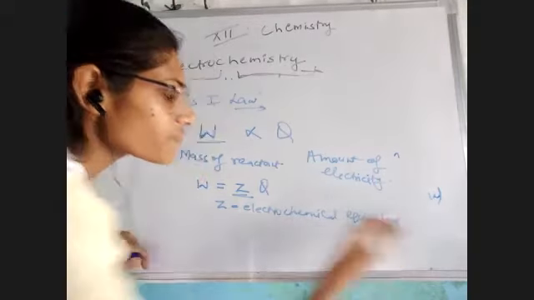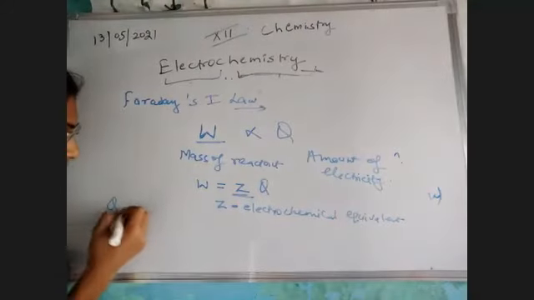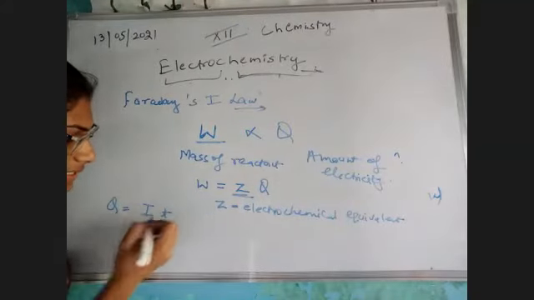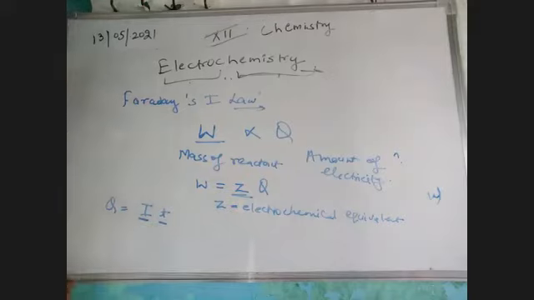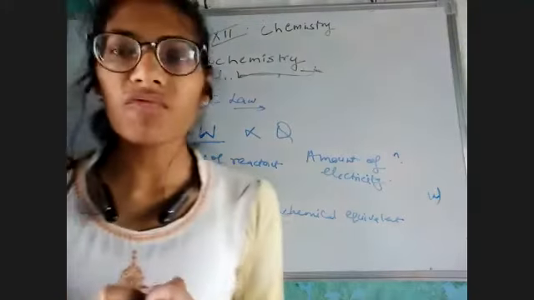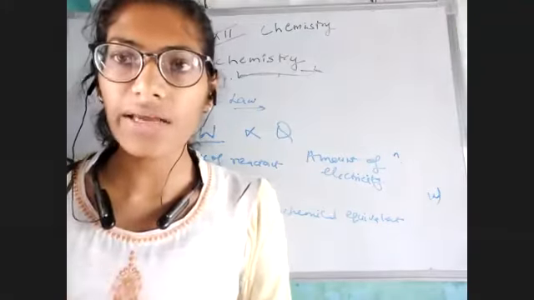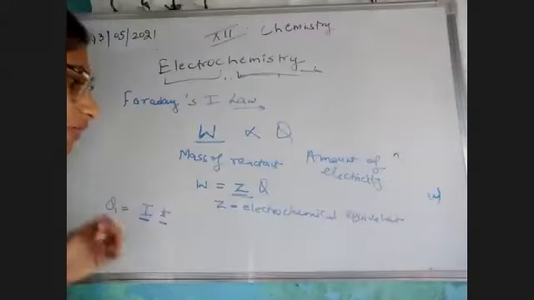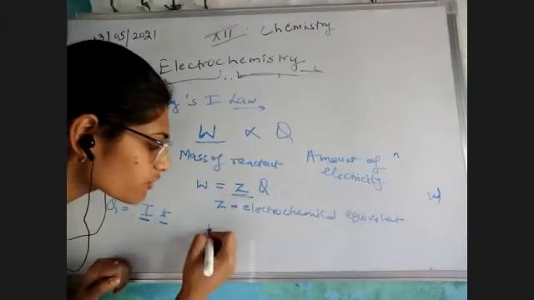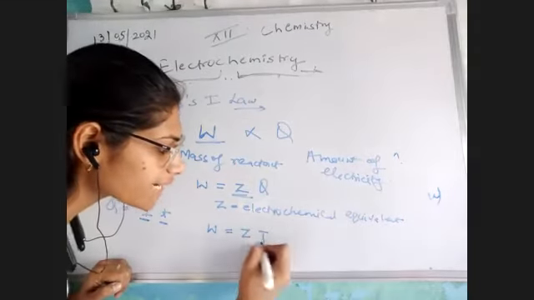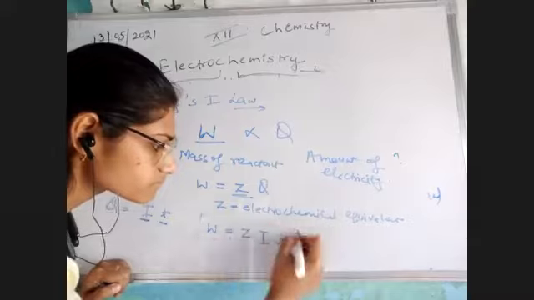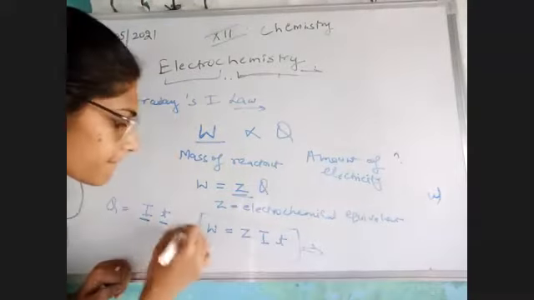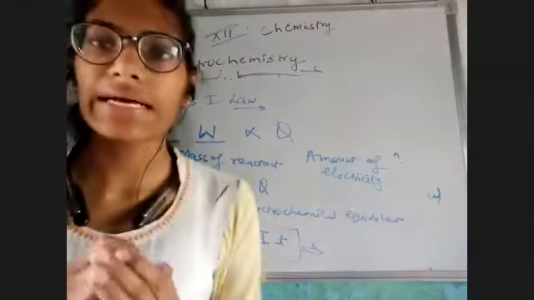Further, Q equals IT, that is current into time. Q was the amount of electricity passed, and it is equal to current multiplied by time. So if I combine the equations, what would we get? W equals ZIT. This is our main equation. This is our main concept.